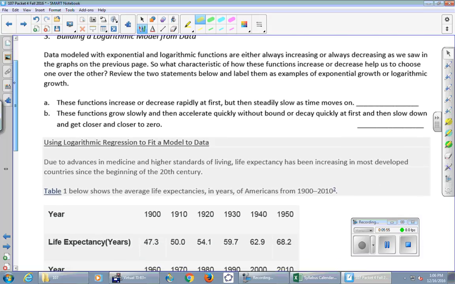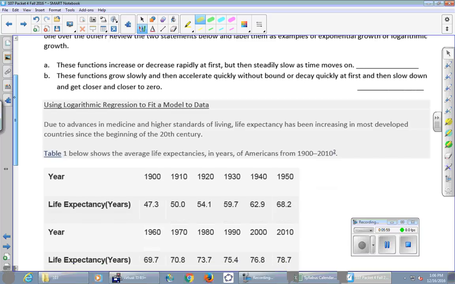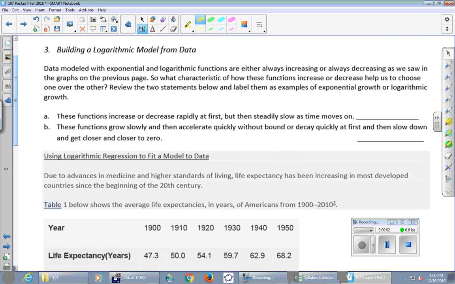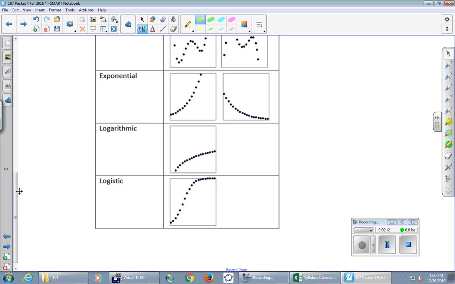And let's take a look at this example here. We'll start with this number 3. Data modeled with exponential and log functions are either always increasing or always decreasing. So looking at these pictures again, exponential growth, always what? Increasing. Exponential decay, always decreasing.